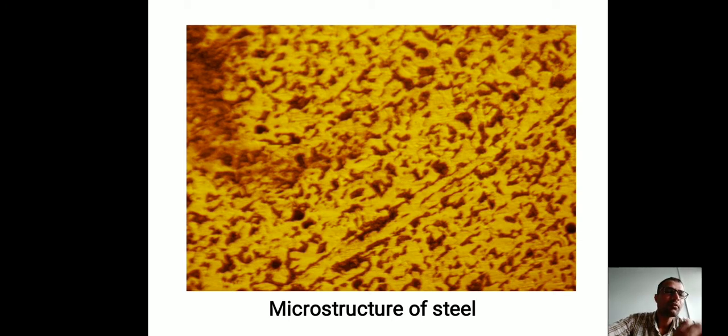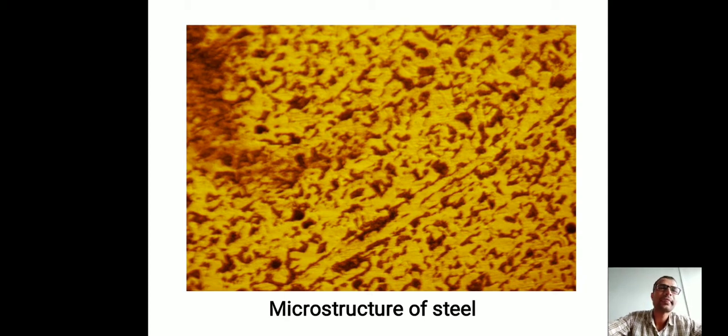Then mount that section on plastic material, that is nothing but molding. After that do the grinding operation, means finish the edges of that section. After that do the polishing, and after that etching is there.